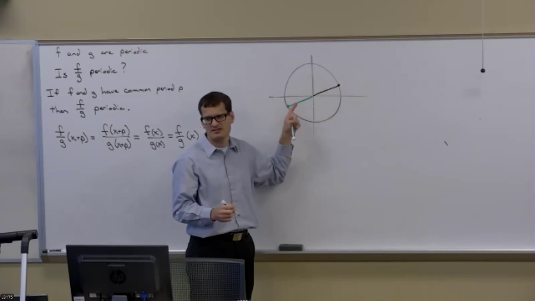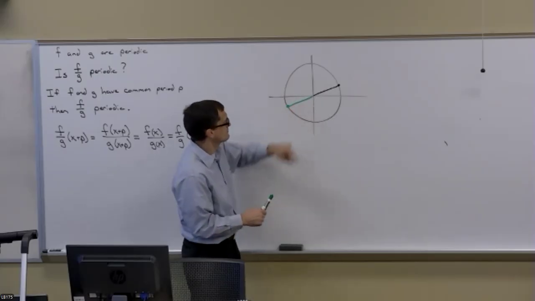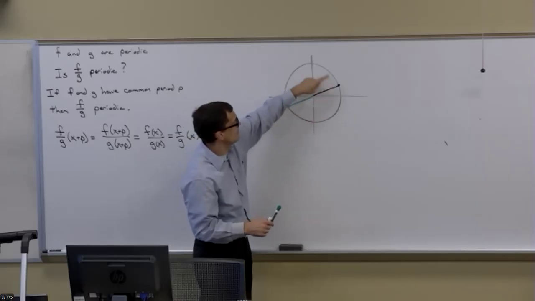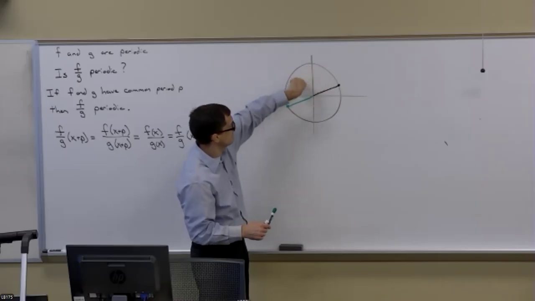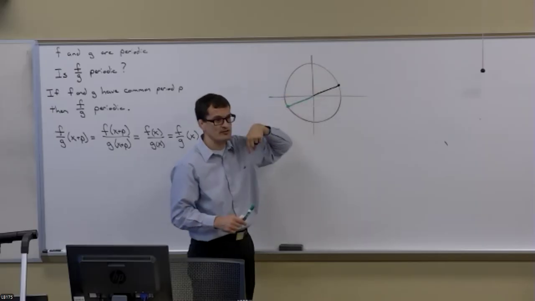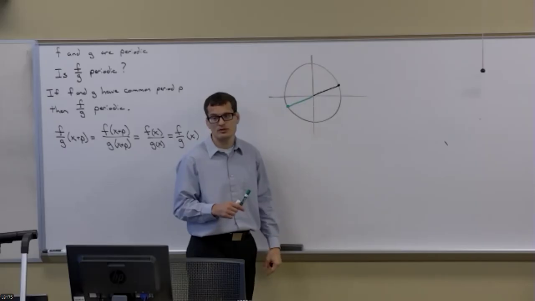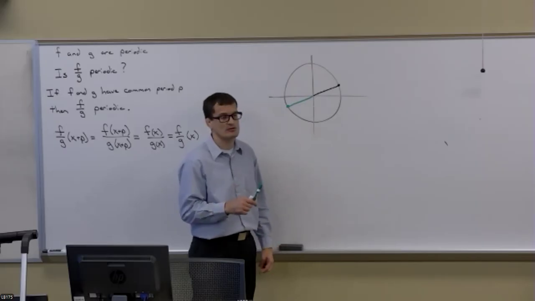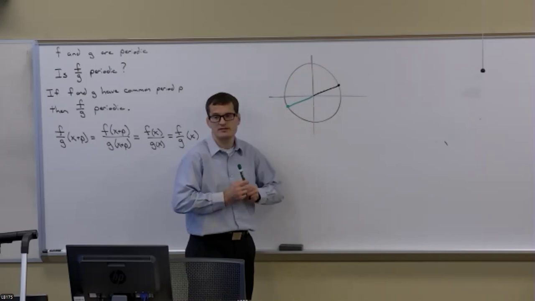Does that make sense? So as you go around the circle once, let's take the right half of the circle. All of those ratios for tangent will be repeated on the left half of the circle. So that's why we only need a half of the circle basically to give us our period.